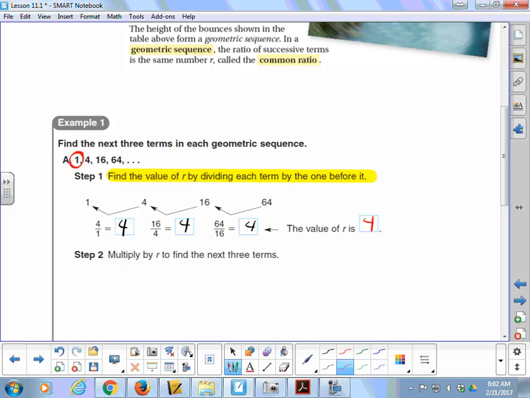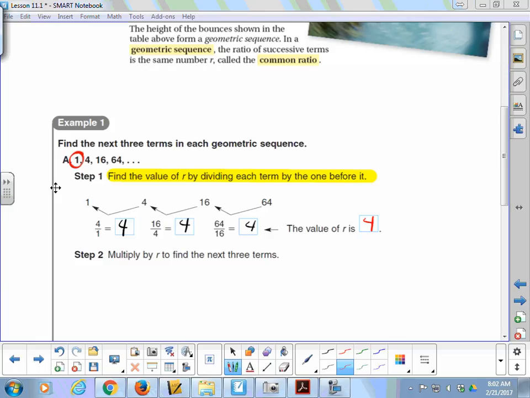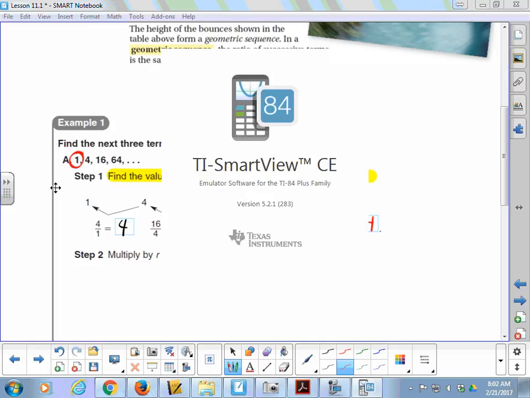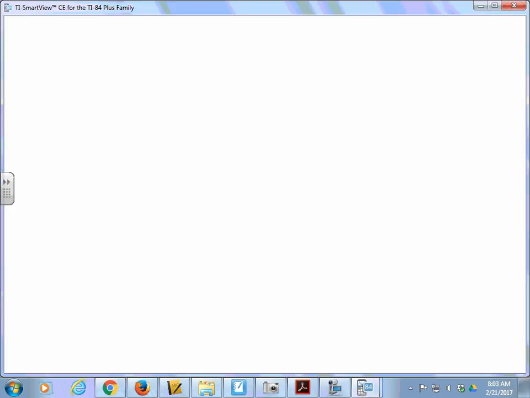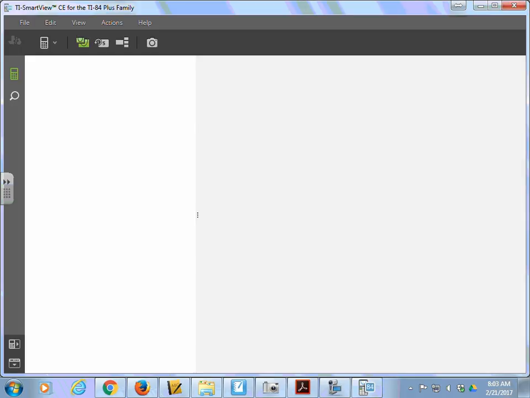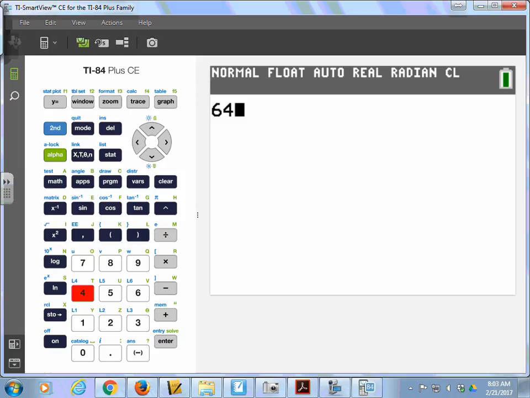Now, remember that your calculator makes this really easy. Here my 4th term is 64, the last one I know. So to make it easiest, I will put in 64 and hit enter.